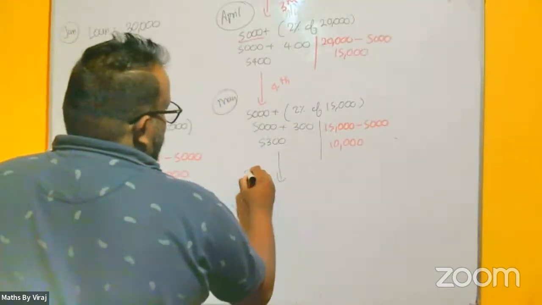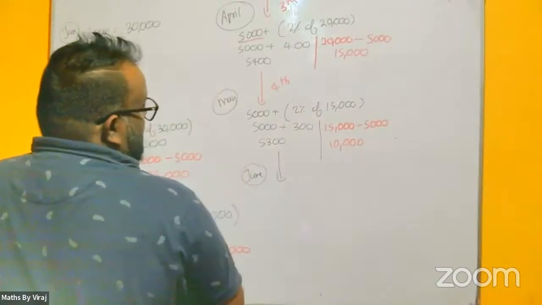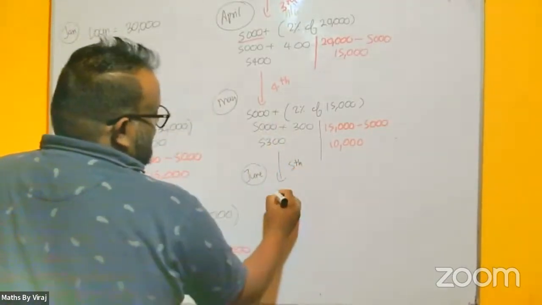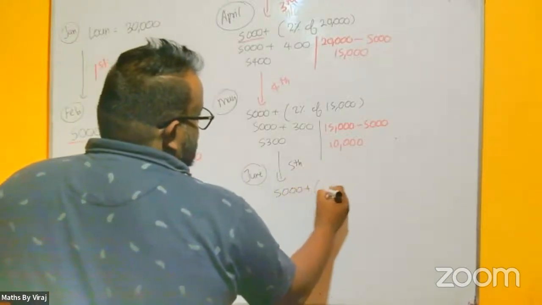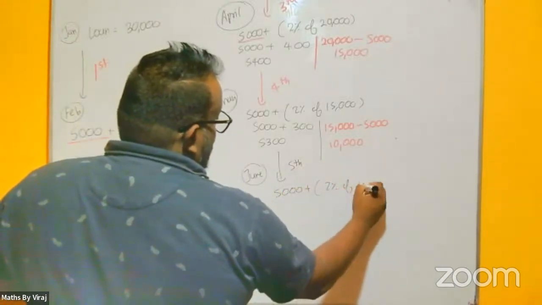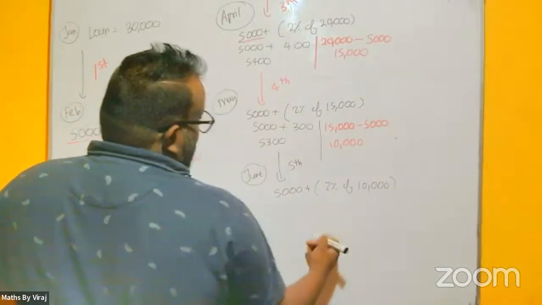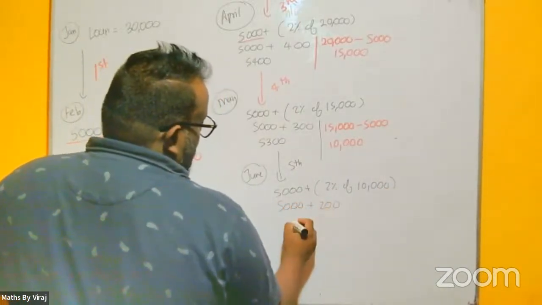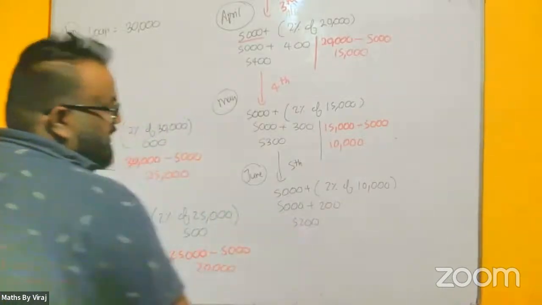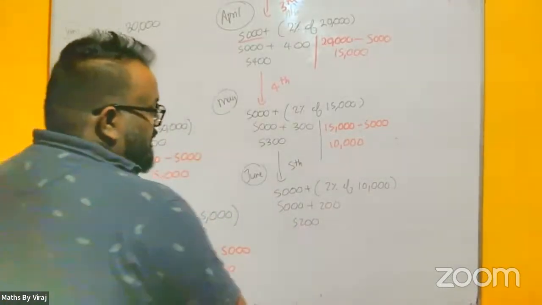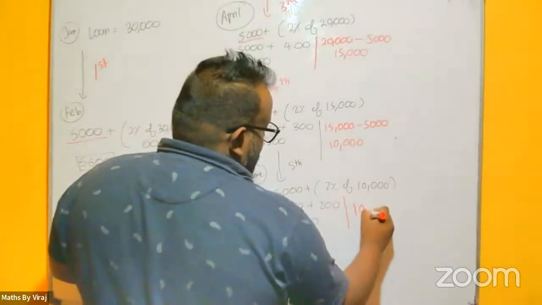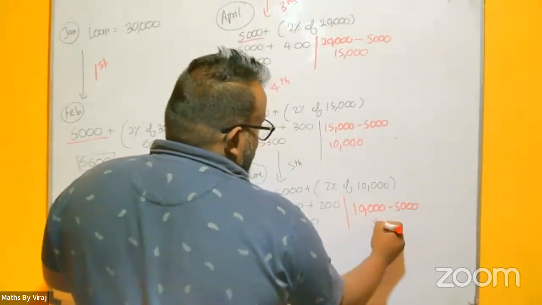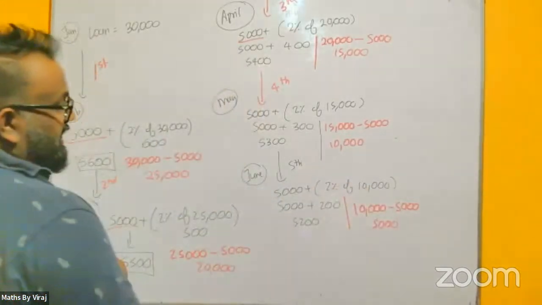Then I go for the month of June. What is happening in the month of June? Fifth month, 5,000 plus 2% of 10,000. That is 5,000 plus 200. 5,200 has to be paid. Therefore, what is the amount that is remaining? 10,000 minus 5,000. 5,000 is the amount that is remaining.